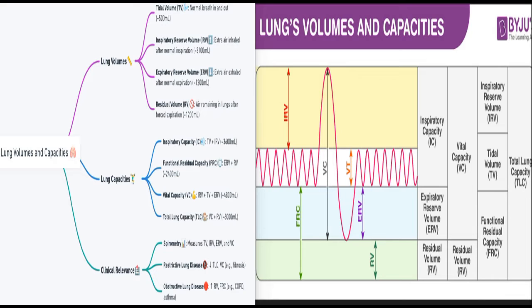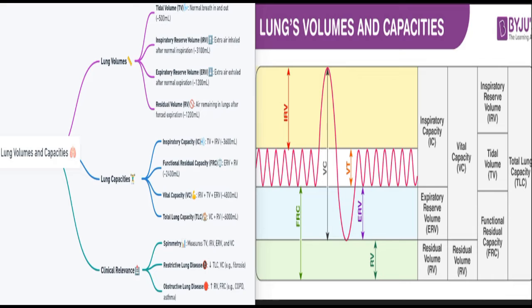It's the maximum amount of air that a person can inhale even after normal expiration. It is the sum of the tidal volume, the volume of air inspired or expired during normal quiet breathing, which is around 500 mils in an adult, and the inspiratory reserve volume, which is additional air that can be inhaled even after normal tidal inspiration.